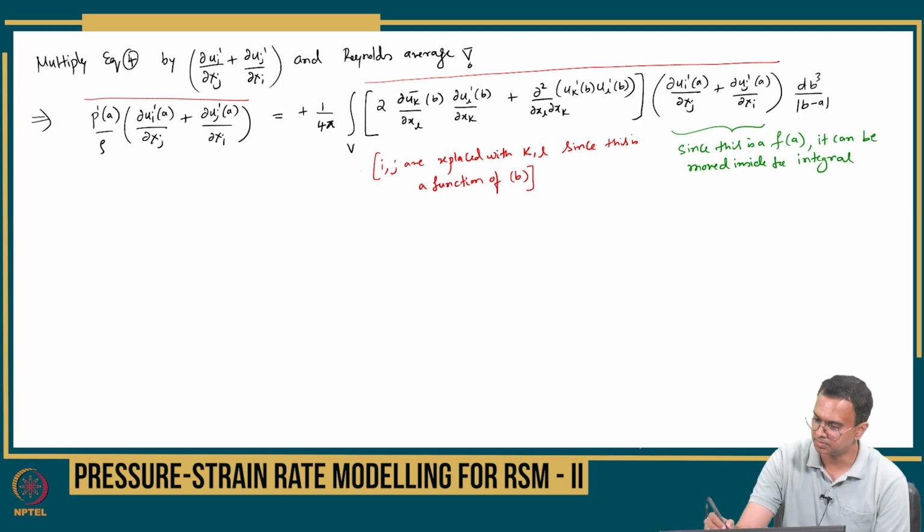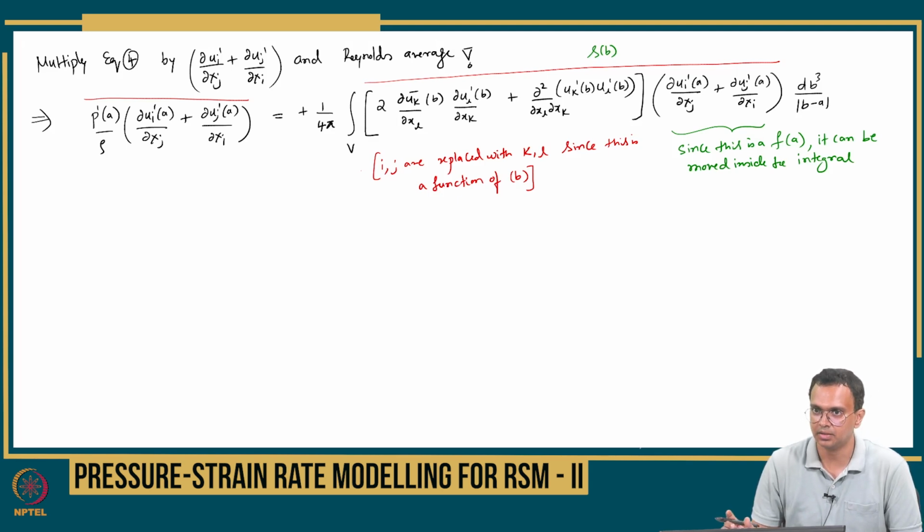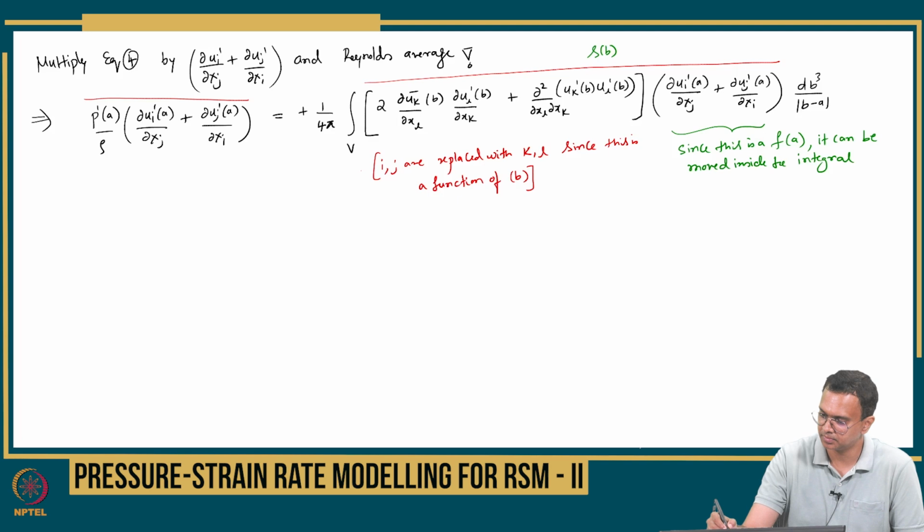So this is my source term, S of B, the entire source. Okay, so on the left hand side I have what I wanted, a pressure strain rate term.